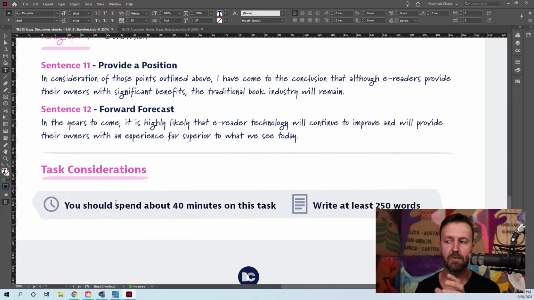With the essay, we want to write at least 250 words. 250 words is not the aim. We don't want to hit 250 and stop or go under. We want to go past 250. We want to hit 260, 270. I always try to hit 280. 280 is a safe zone where we never have to worry about the word count, because if you write too little, your score may be impacted.